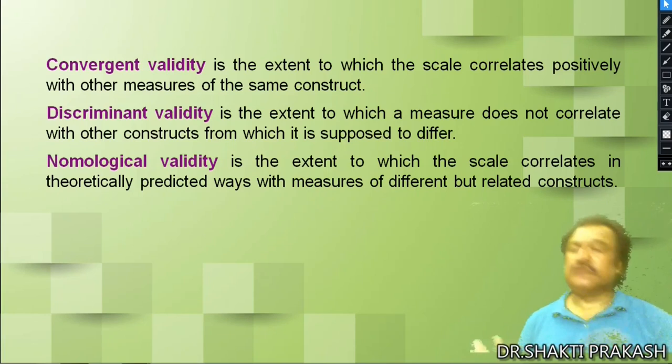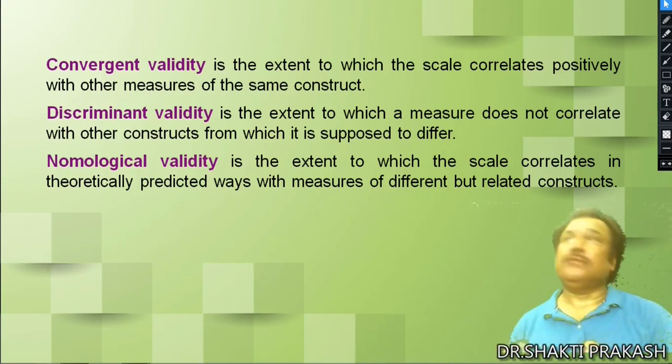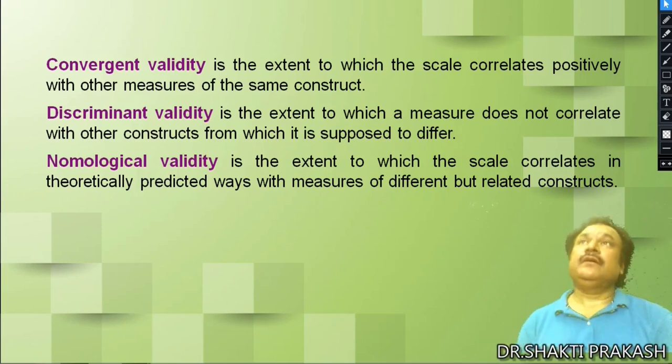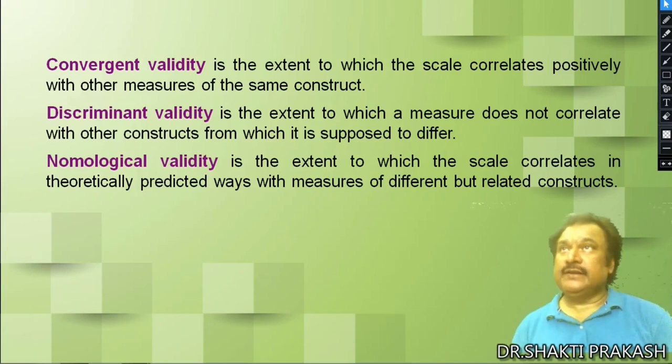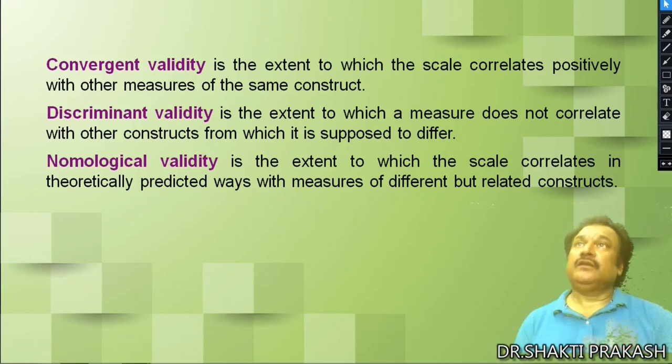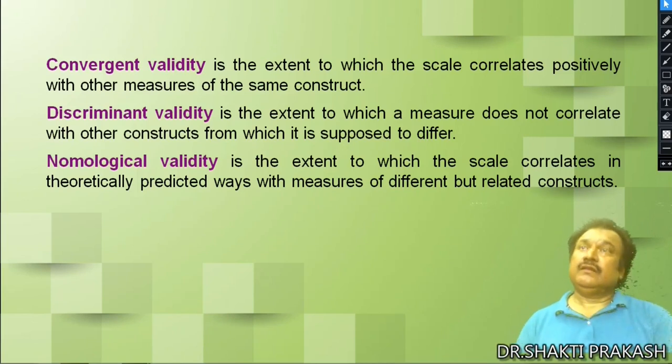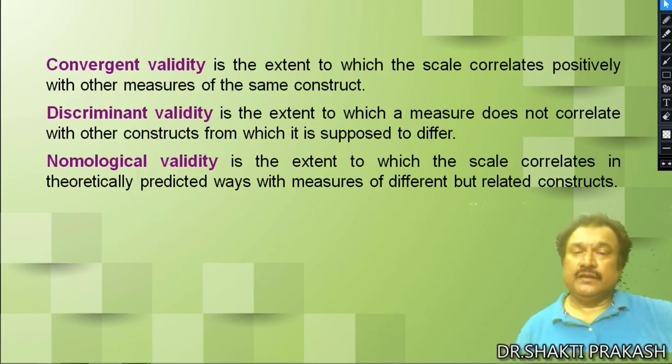Discriminant means there should not be high correlation between different constructs. And nomological validity means when you have a particular construct, whatever results you get with one scale, if you use a different type of scale, the result should be the same, in the same study or in a different study.